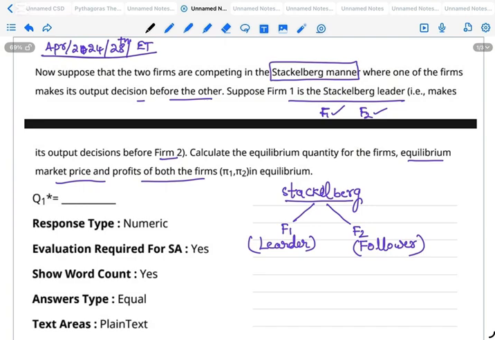Generally the leader earns more profits, that is, higher profits compared to firm 2. The follower earns lower profits than the leader.